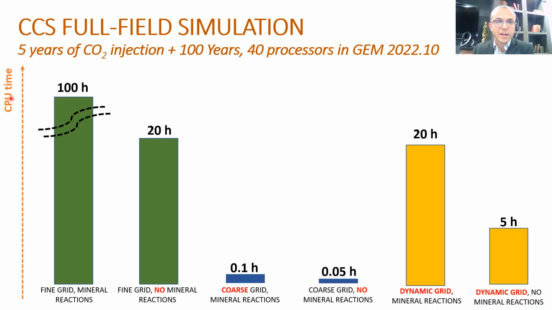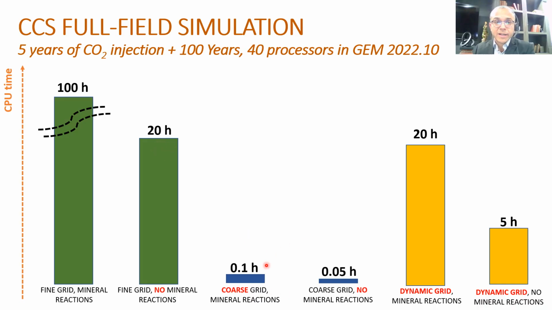The CPU times are represented in this slide for 105 years of simulation, including 5 years of CO2 injection. The green bars represent the simulation CPU time in a fine grid model. The first bar represents the CPU time of 100 hours when mineral reactions between the CO2 and the rock matrix are considered. If the mineral reactions are neglected, the CPU time reduces to 20 hours, as shown by the second bar.